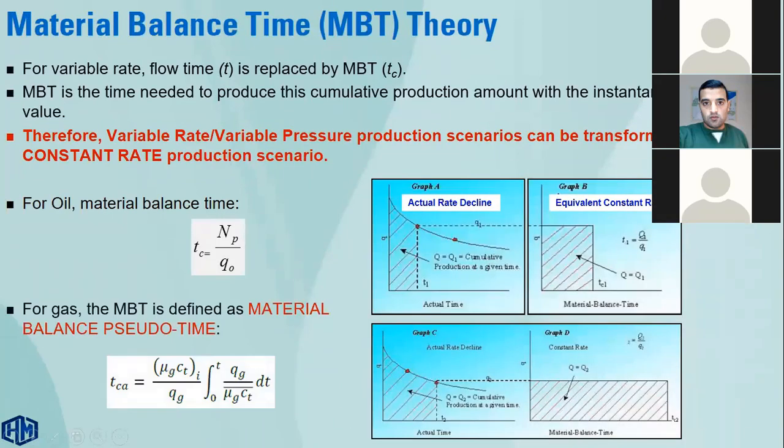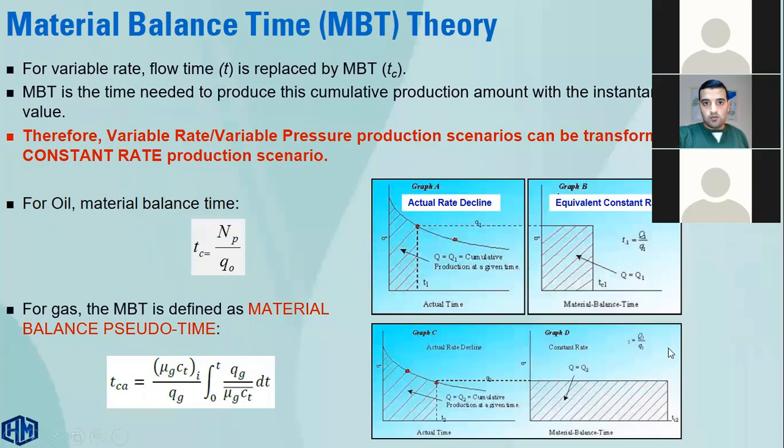A very important parameter in flowing material balance is the material balance time. This term is used to convert the variable rate production scenario to the equivalent constant rate production scenario. Simply, as you can see, in actual production we have a decline in oil rate versus flowing time. However, in flowing material balance, we have to use the constant rate solution.